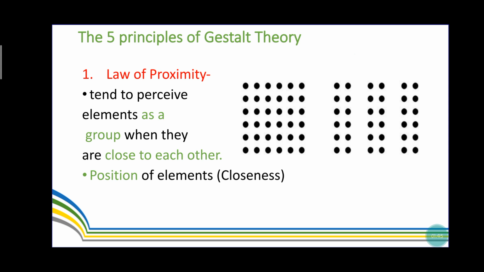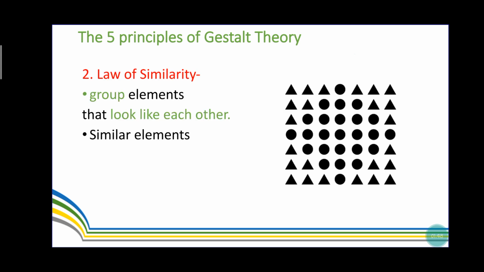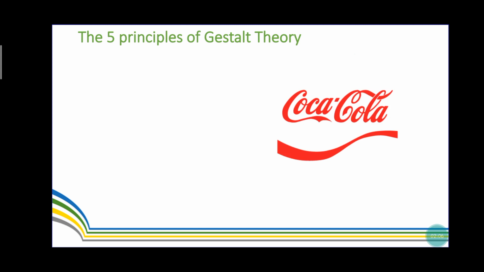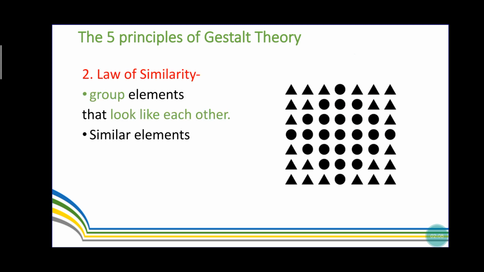Next, we have the law of similarity. The law of similarity is how we piece information together by how similar objects are. So we tend to group elements that look like each other. Take note, when we say law of similarity, always remember similar elements that look like each other.